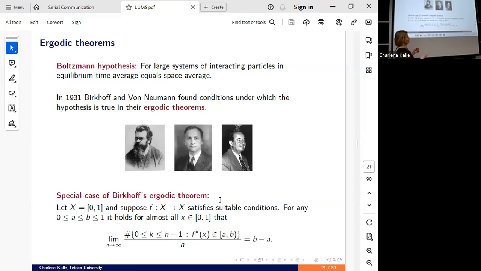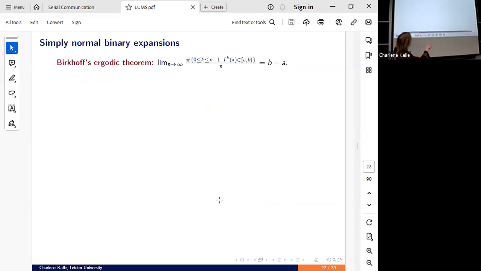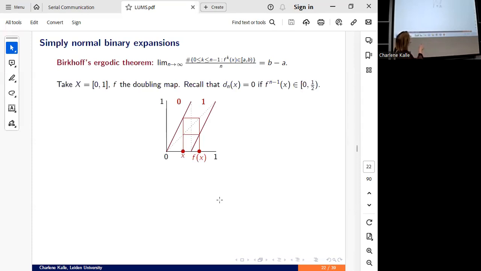Let's go to what this tells us about normal numbers. I put it here just for us to remember; it's the same statement. Now go back to the doubling map, where we defined the digits d_n to be 0 precisely if after n minus 1 iterates the point x is in the interval from 0 to 1/2.